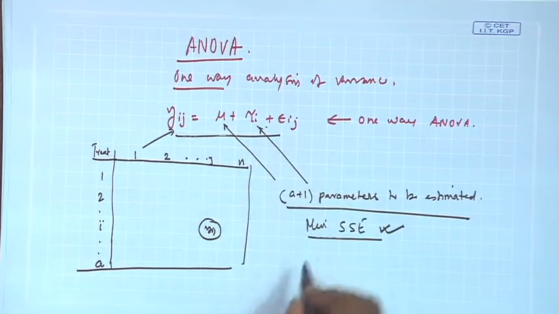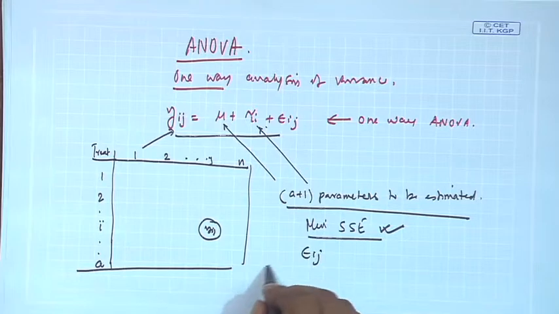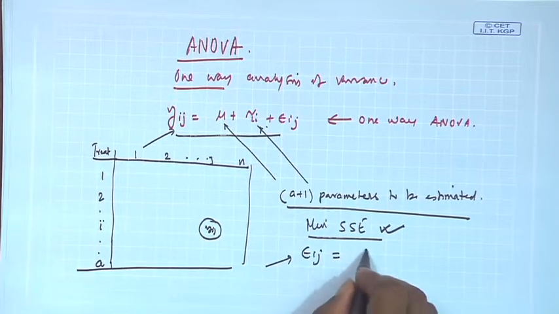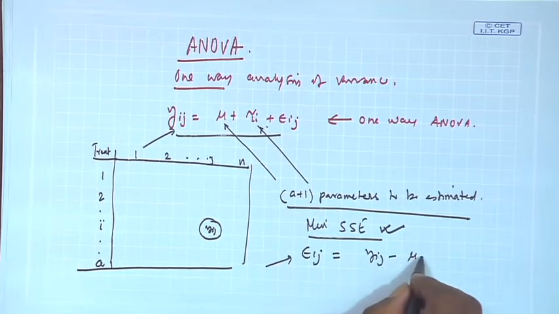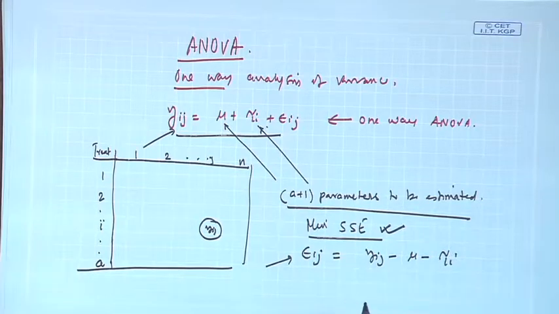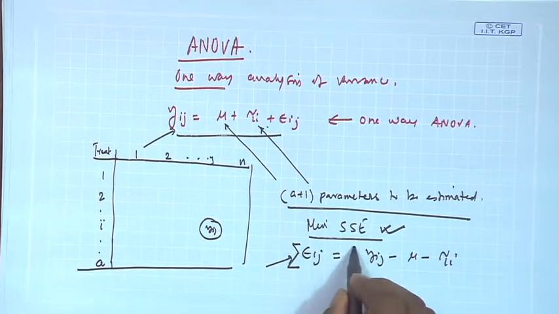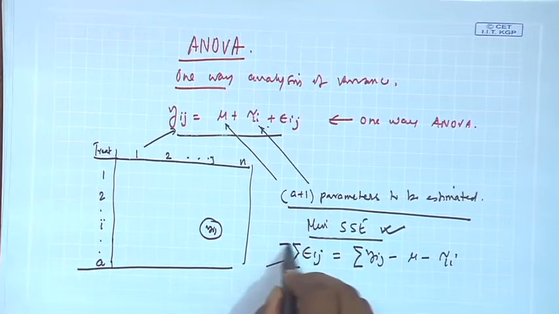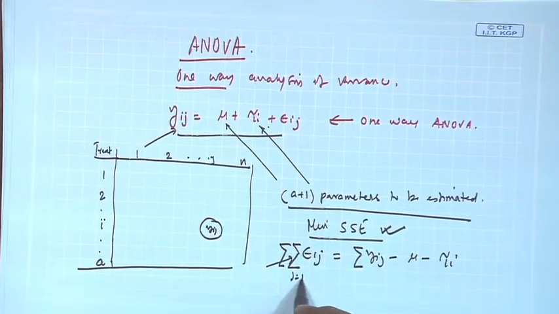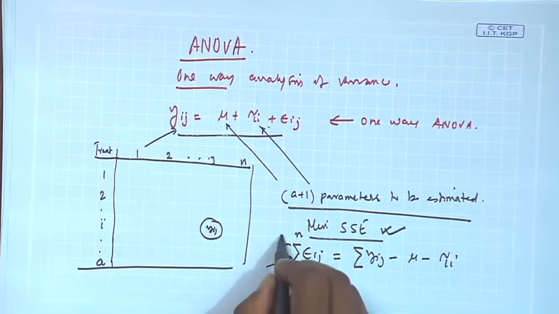Now, in this equation, epsilon_ij is the error term, which is y_ij minus mu minus tau_i. Now, if I sum it over i and j, j equal to 1 to n, i equal to 1 to a.